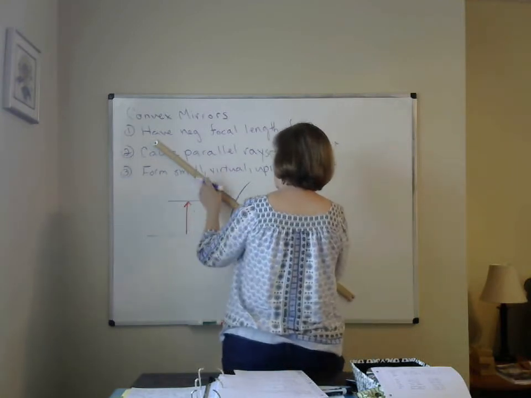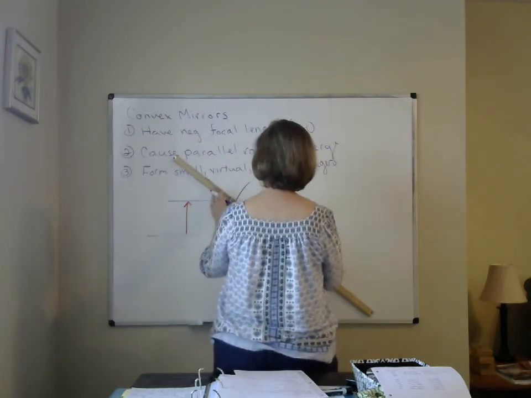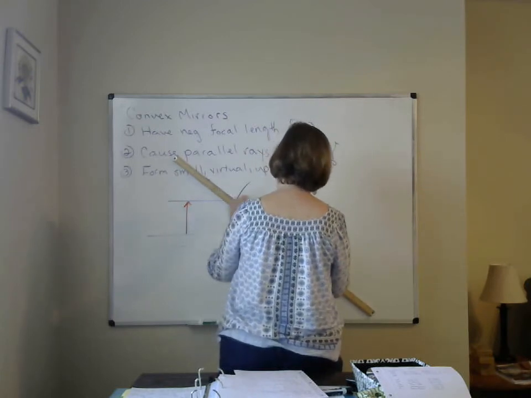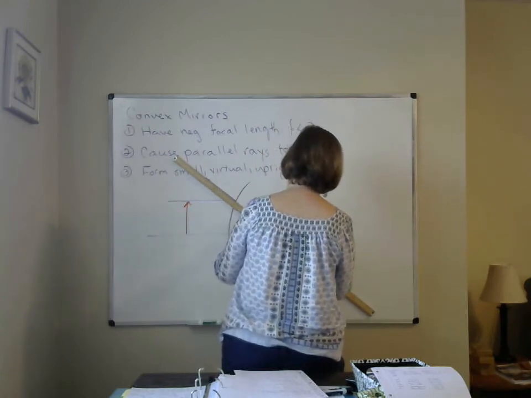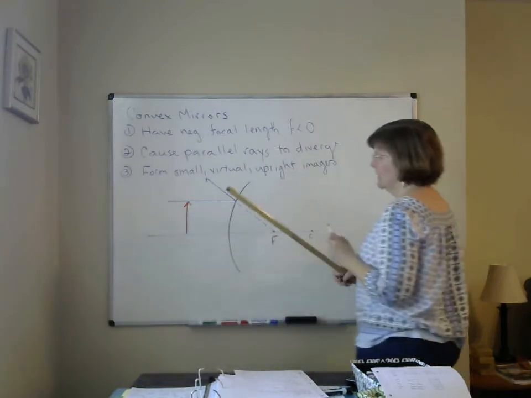So it's going to go off like that. If we follow this ray back, it would appear to come from the focal point. So there's that ray if we follow it back.